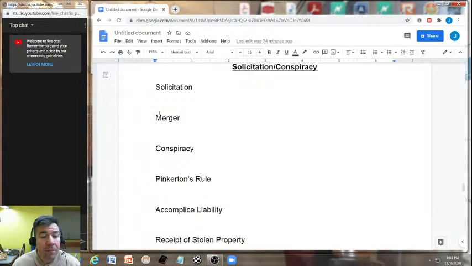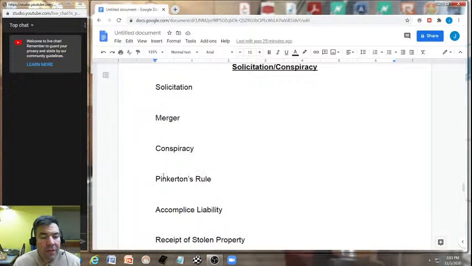Conspiracy is the agreement between two or more people to commit a criminal act or commit a lawful act in a criminal manner. Again, conspiracy is the agreement between two or more people to commit an unlawful act or to commit a lawful act with unlawful means.